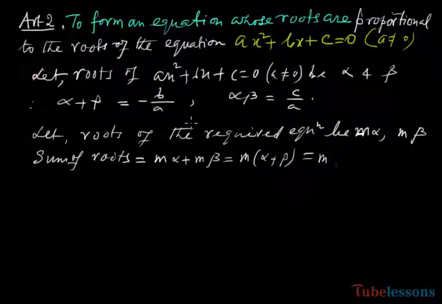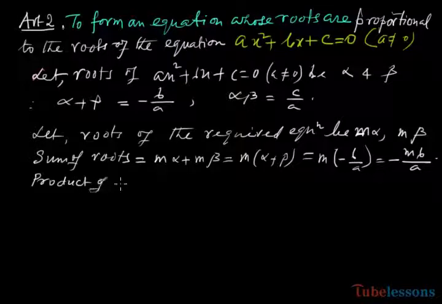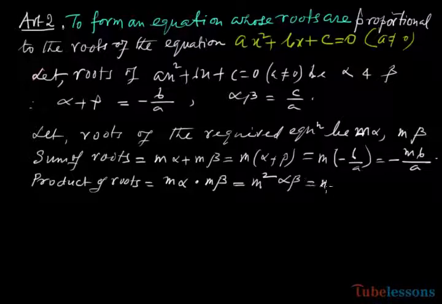Now the value of alpha plus beta is minus b by a. So minus of mb by a, and product of roots m alpha into m beta, so it becomes m square alpha beta equals to m square c by a.